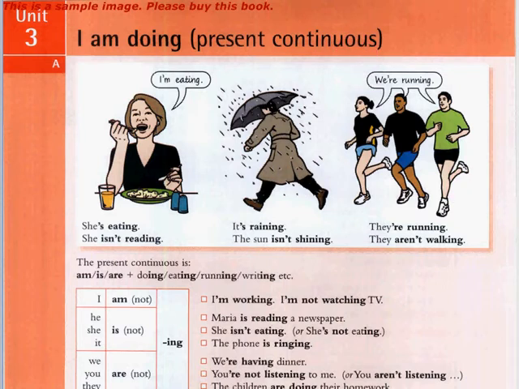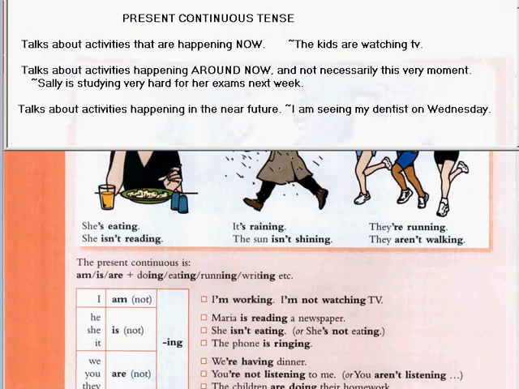Now we also learned about the ways to use the present continuous. I told you that we have 3 ways, right? Number 1, when it talks about activities that are happening now. My example was the kids are watching TV. The second one also talks about activities happening around now, but not necessarily this very moment.